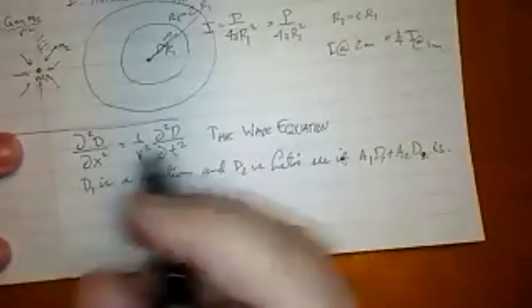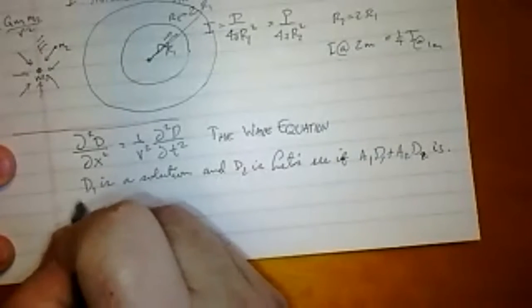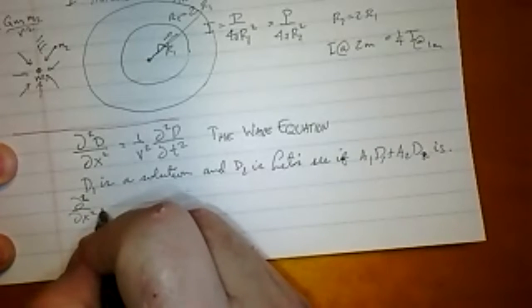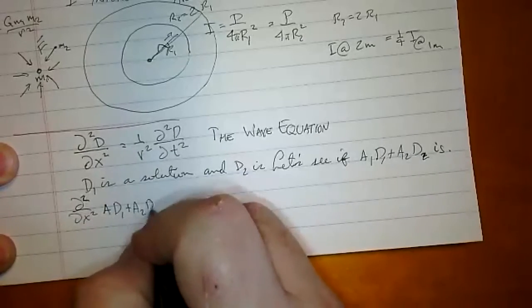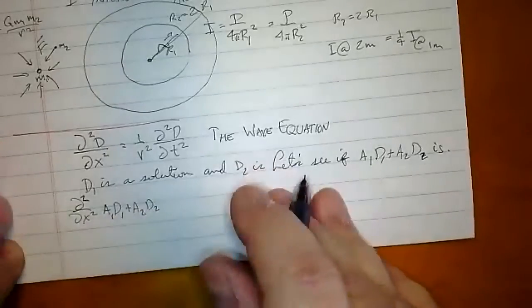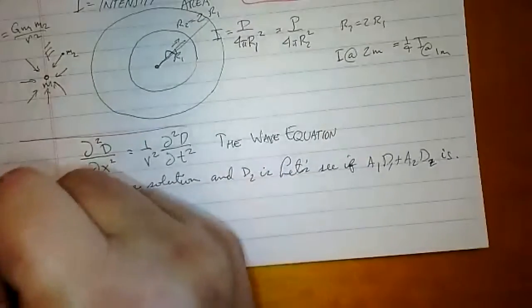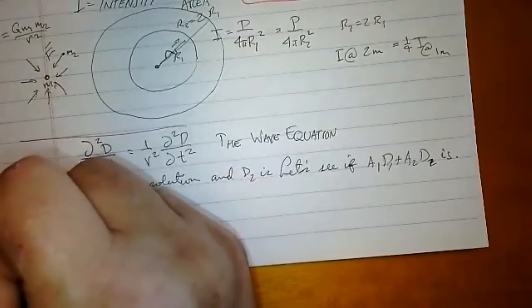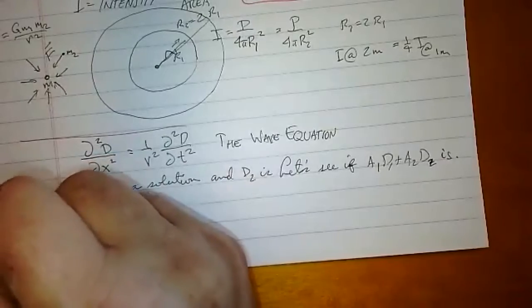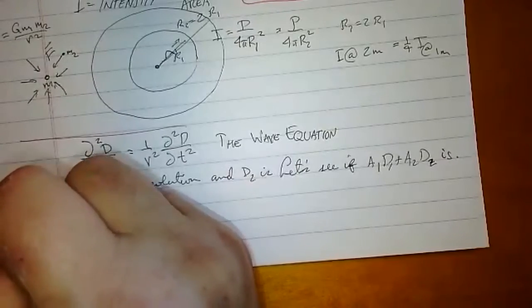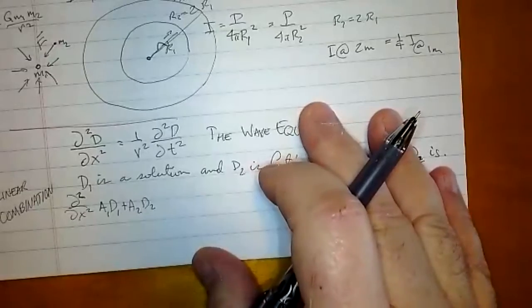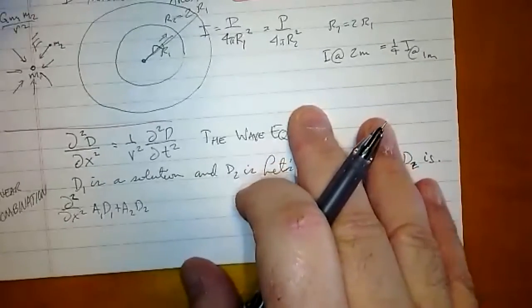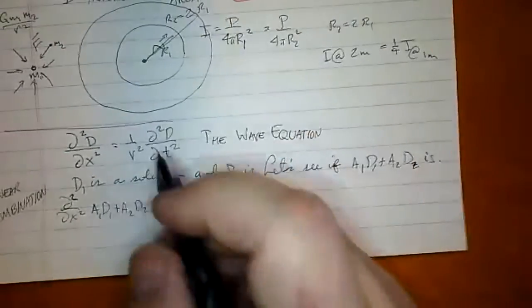Okay, so what I'm going to do is I'm going to take the second derivative with respect to x squared of A1 D1 plus A2 D2. So these A's are supposed to just be constants. This is called a linear combination. And any things that take a linear combination and spit out individual separate parts, just like they had before, is called a linear operation or a linear operator.